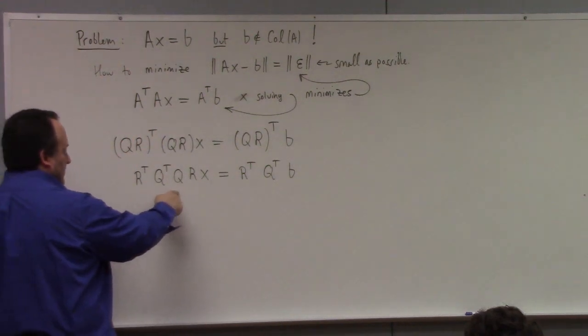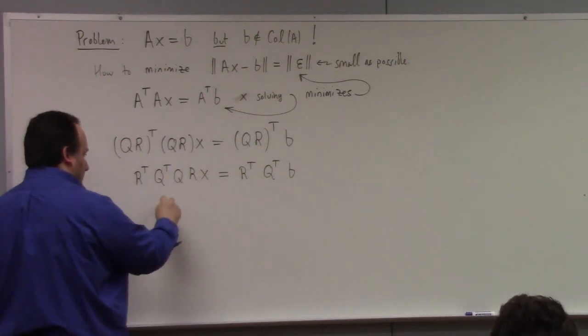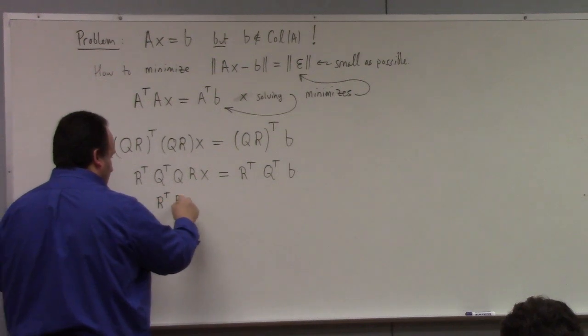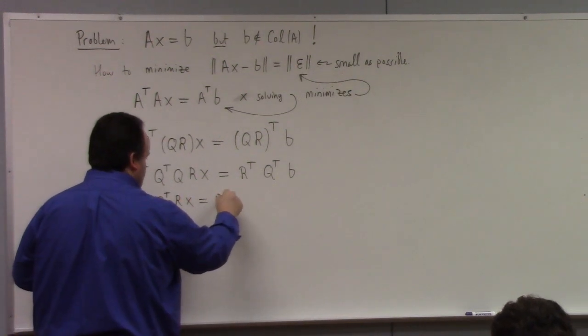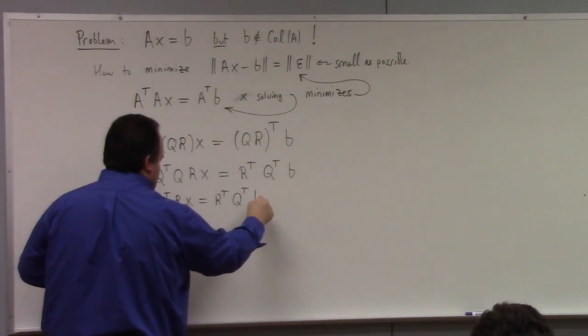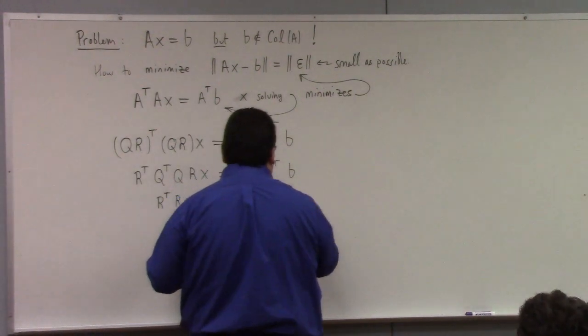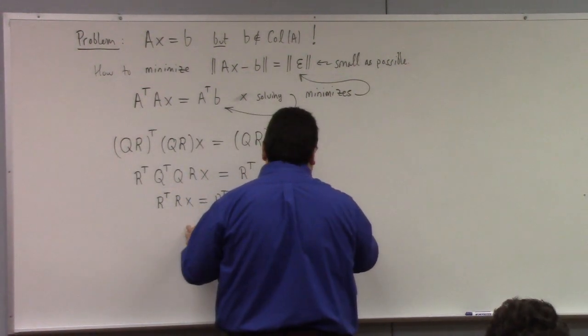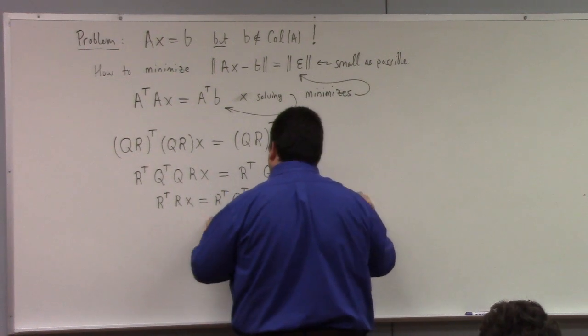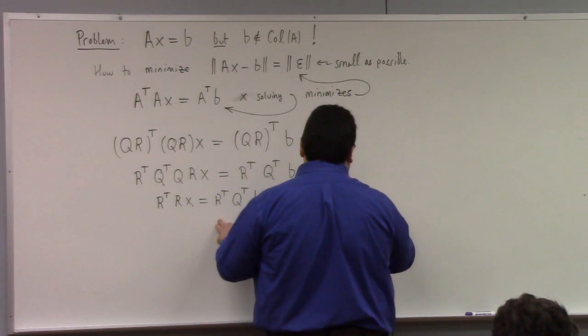But Q transpose Q is what? It's the identity, right? So this gives us R transpose Rx equals R transpose Q transpose b. But this implies actually that Rx has to be equal to Q transpose b.